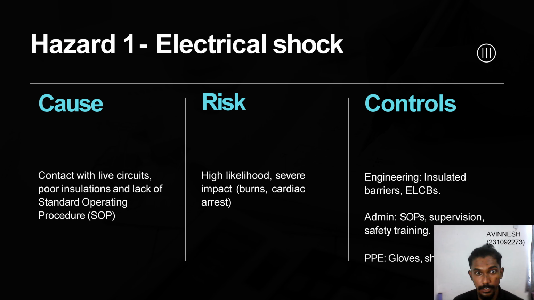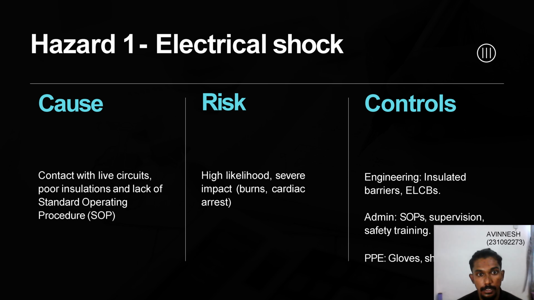Okay, thank you, Jeffrey. So I will now present the first two hazards we identified in our laboratory. Hazard one is electrical shock from high voltage experiments. This is usually due to common activity in our lab, and the main cause is contact with live circuits. Apart from that are poor insulation and lack of proper procedures as well. The risk level is quite high because electric shock can lead to severe outcomes like burns and cardiac arrest.